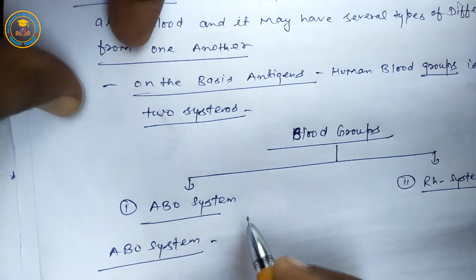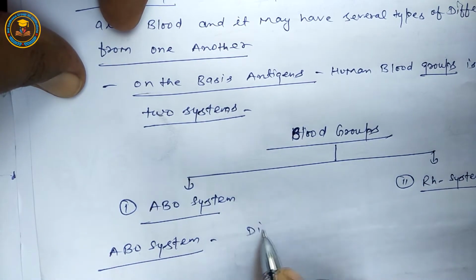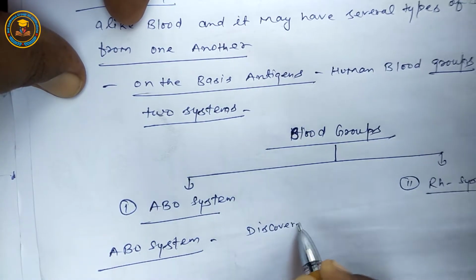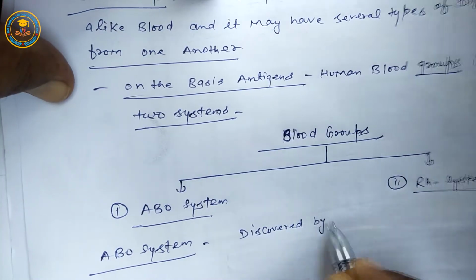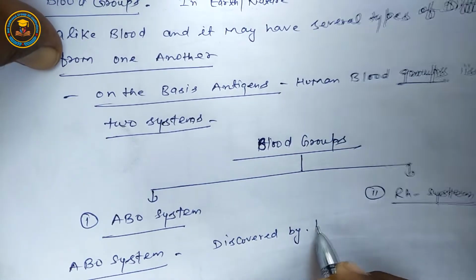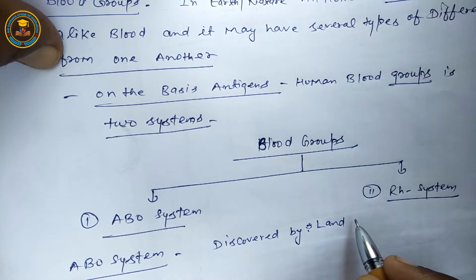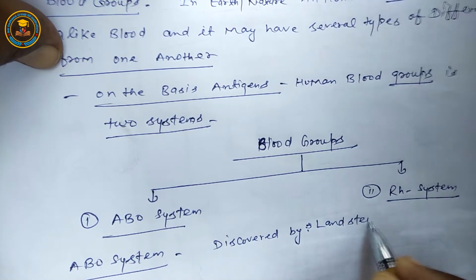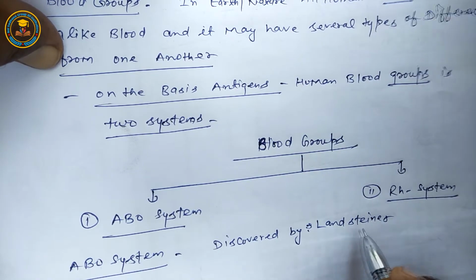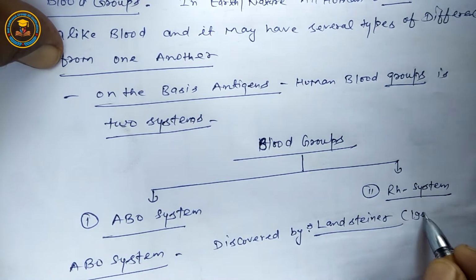It was first described by Landsteiner in 1900.